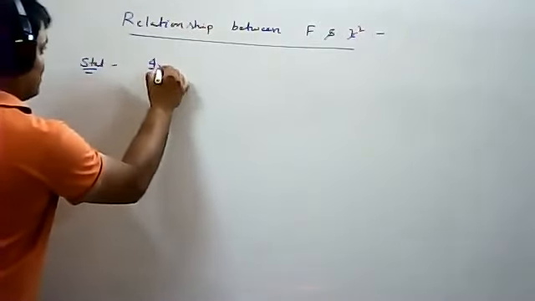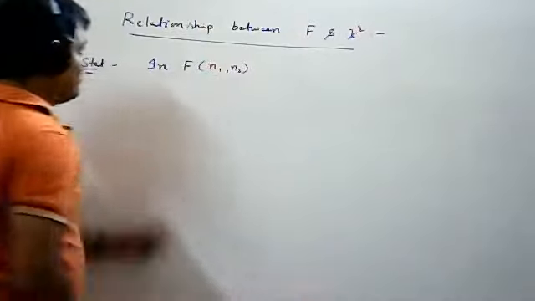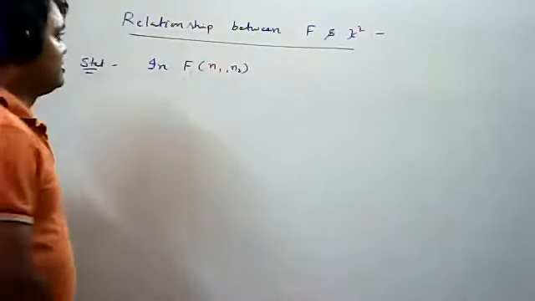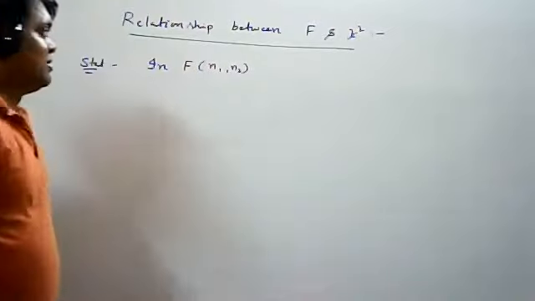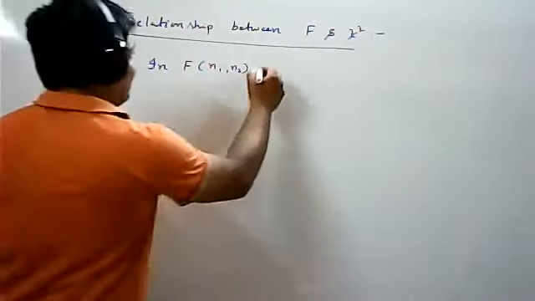In f distribution with n1 comma n2 degrees of freedom, the parameters I am considering are n1 and n2.